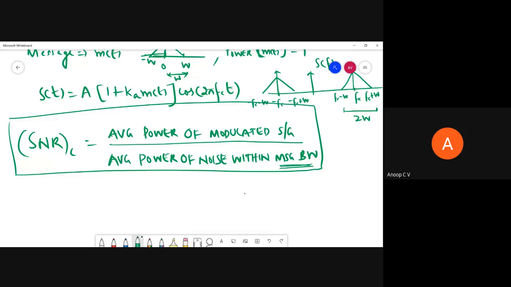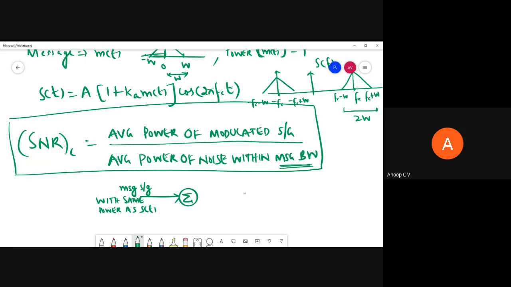To help you remember the measurement of channel SNR, I'll draw a diagram. Suppose we are giving a message signal with the same power as the modulated wave S of t.